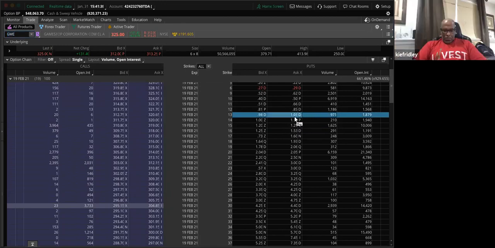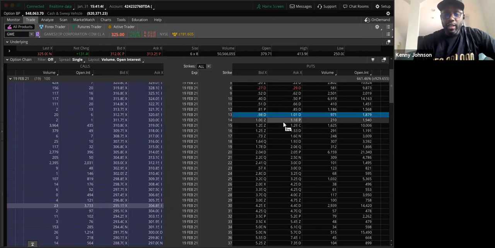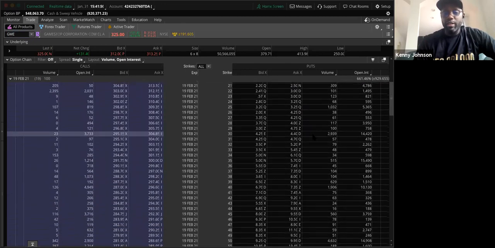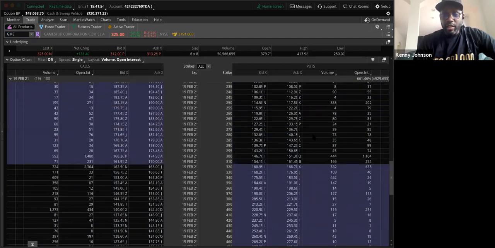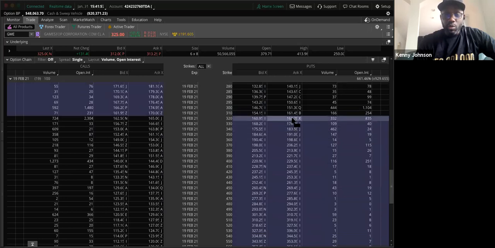So I bought the short on GME at strike 13. Well, guess what? If the price drops to 13, let's say the price went to $13. It ain't, but let's just say it did. Then $13, because that would be at the money, would be, let's just say, $161.45.